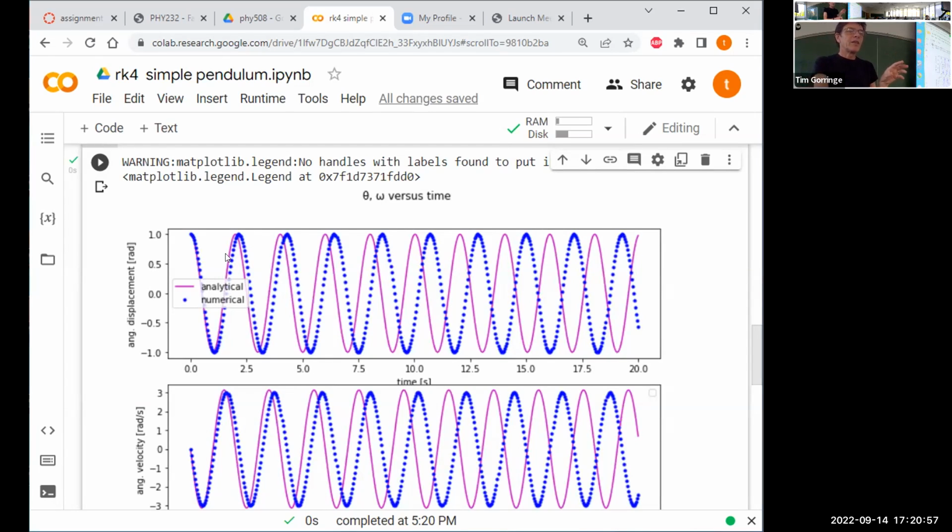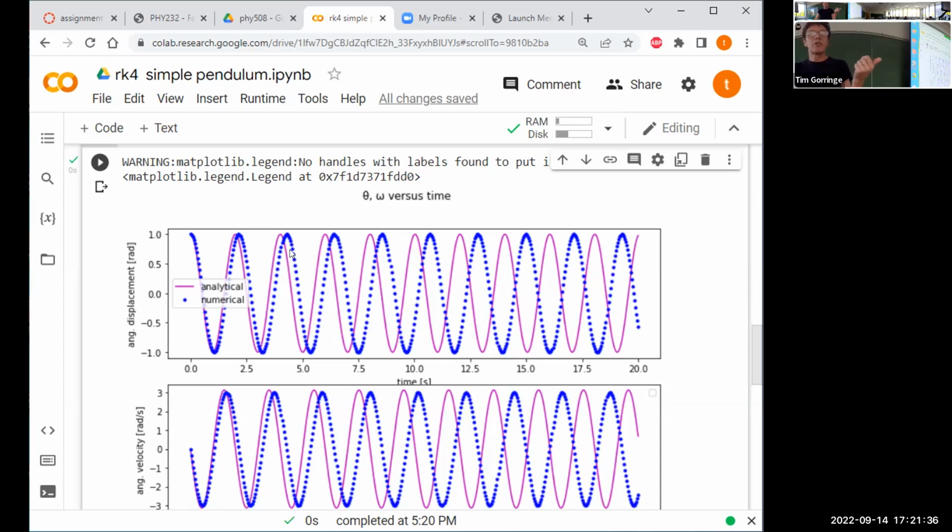What we see is that the simple feature of the linear differential equation, the linear pendulum, that the period or the frequency is independent of the amplitude, is no longer true. So now I've got a different frequency, a different period for my nonlinear pendulum. You see that the angular frequency is larger, and that would mean that the period would be shorter.